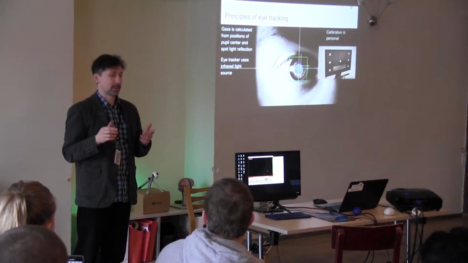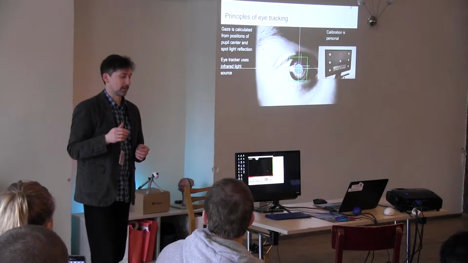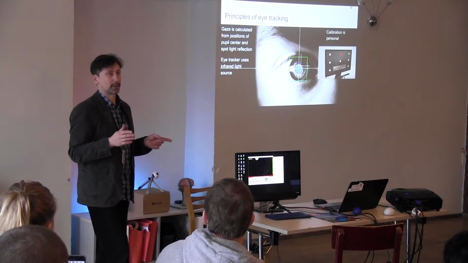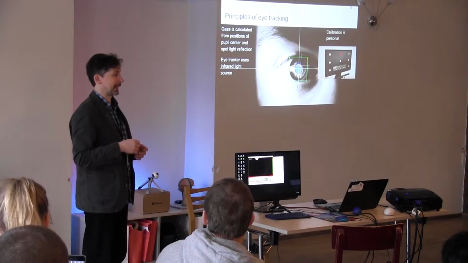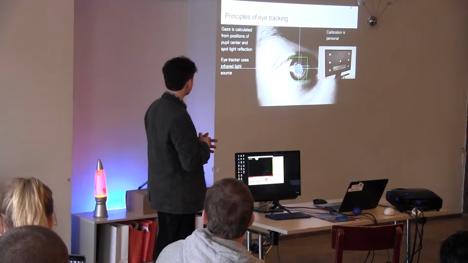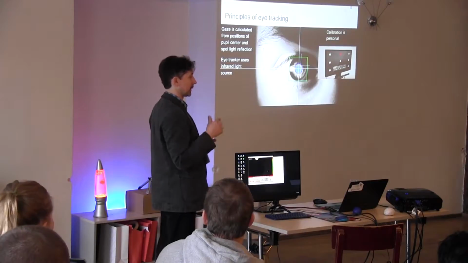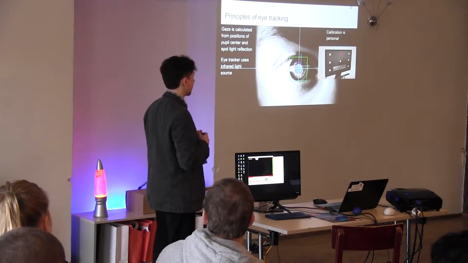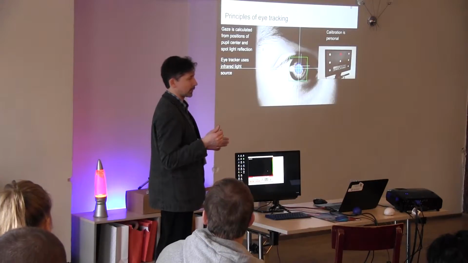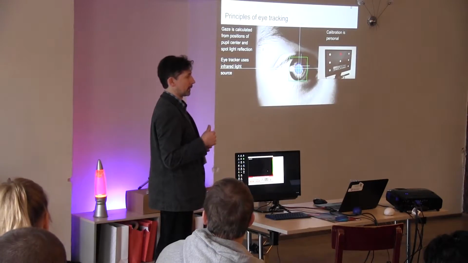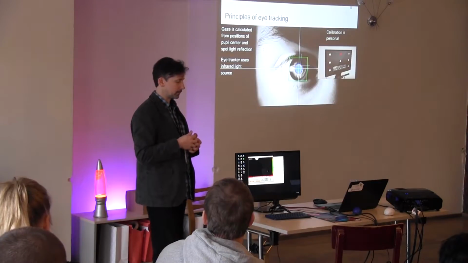If the individual changes, then the eye tracker needs to be calibrated again. There was a question in a previous group: what happens if we use the previous calibration for several people? Sometimes it works, but it is not so precise. You cannot do it in scientific studies because scientists always need to use valid data.